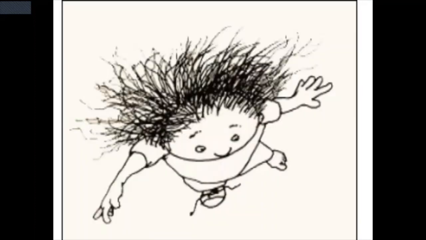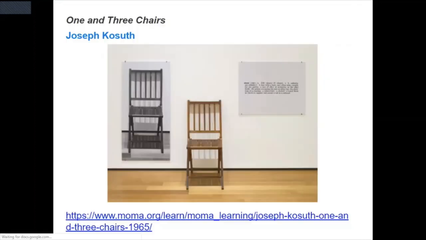Let's look at something else from another perspective. Here's another piece of artwork called One and Three Chairs by Joseph Kosuth. This artwork is in the Museum of Modern Art in New York. It includes a real chair, a photograph of a chair, and a definition of chair displayed next to each other.